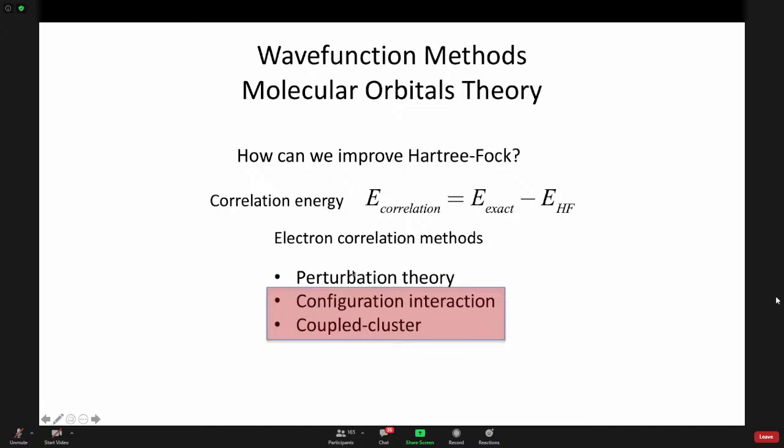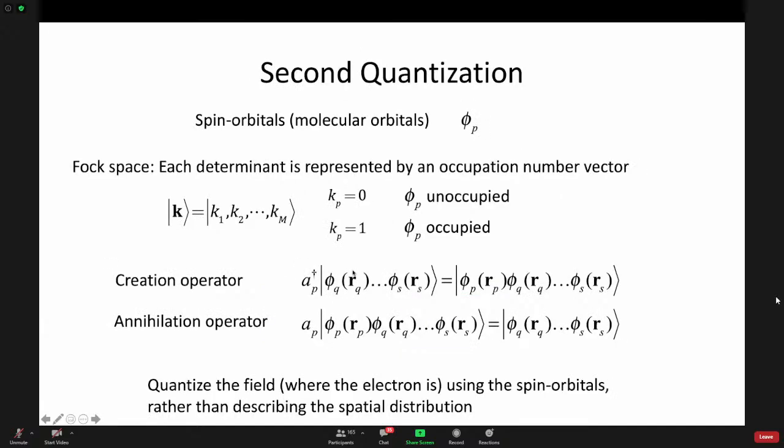Before that, I want to describe what kind of Hamiltonian we're going to tackle. And also, I want to describe this second quantized representation because it makes it easier to describe the next 2 methods that I'm going to explain.